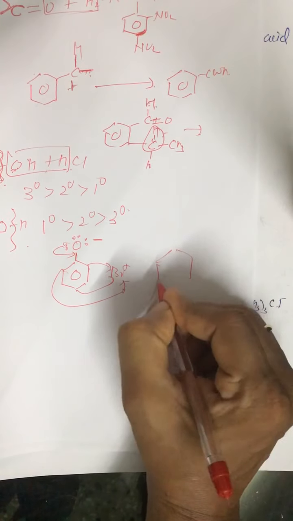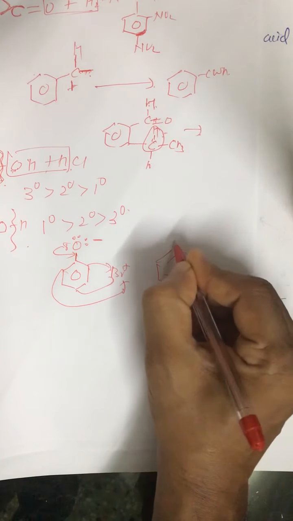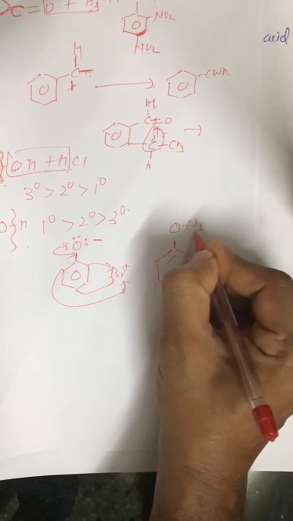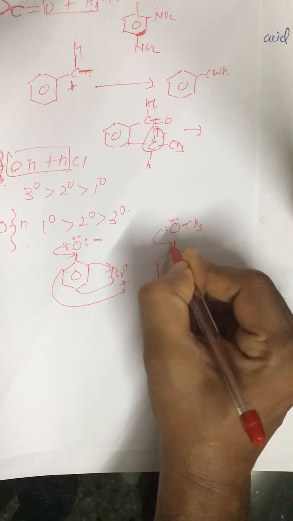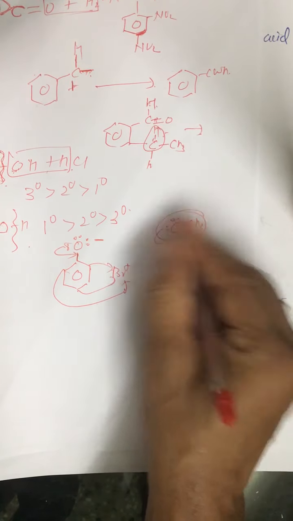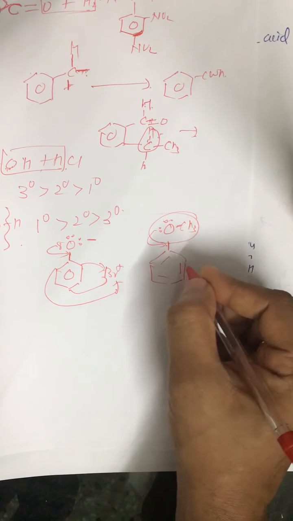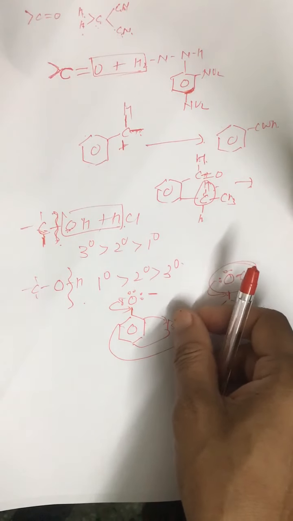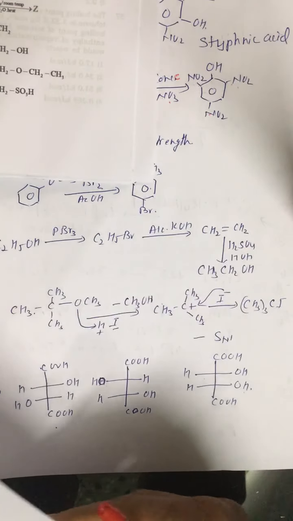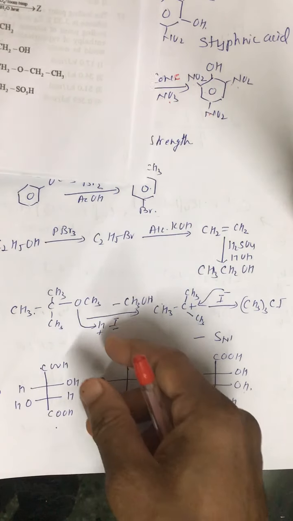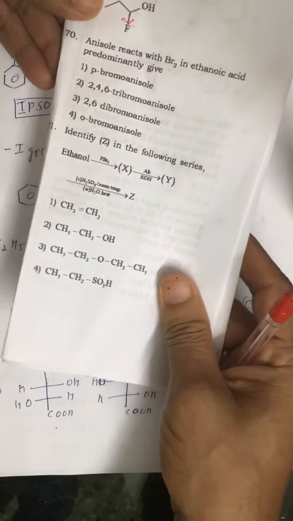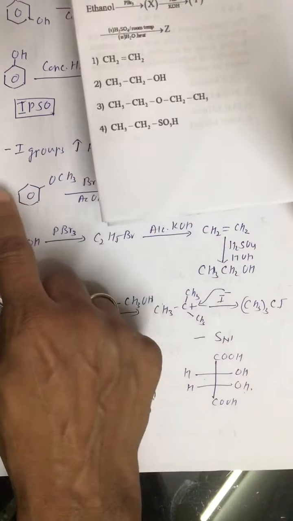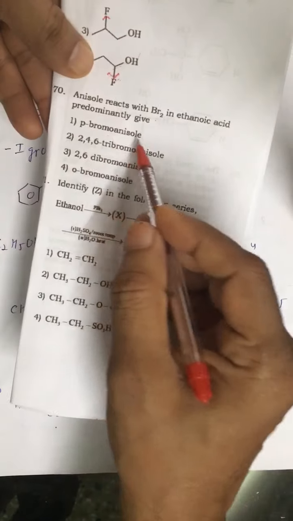But in anisole this ionization does not occur, so it remains OCH3, and it is comparatively not a strong activator of the benzene ring. So if anisole is treated with bromine, we get ortho-bromo and para-bromo products. If we want to go for only one option, para is the better option. So for question number 70, the correct answer is the first option, para-bromoanisole.